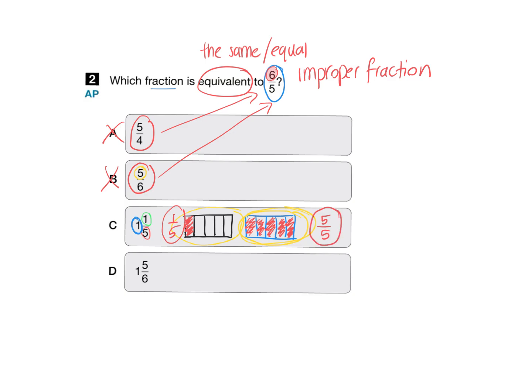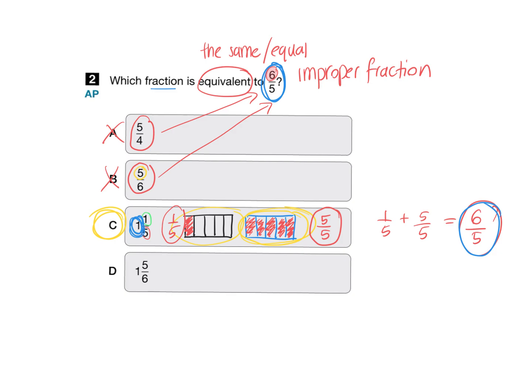Because 5 out of 5 is a whole. So how many fifths is that altogether? 1 out of 5 and 5 out of 5 is how many fifths? 6. 6 out of 5. Good. So would you say that 1 and 1/5 is the same as saying 6 fifths? Yes. Okay, so we think this is the answer, but let's just double check.